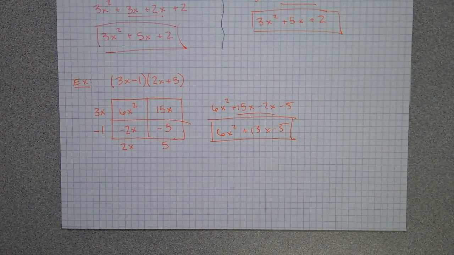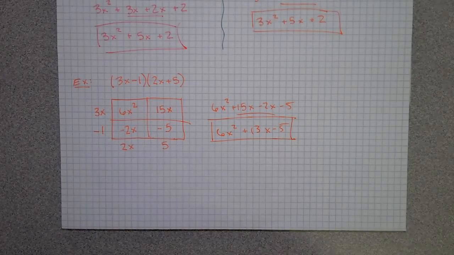It's 6x squared plus 15x minus 2x minus 5. Combine like terms. Six x squared plus 13x minus 5.